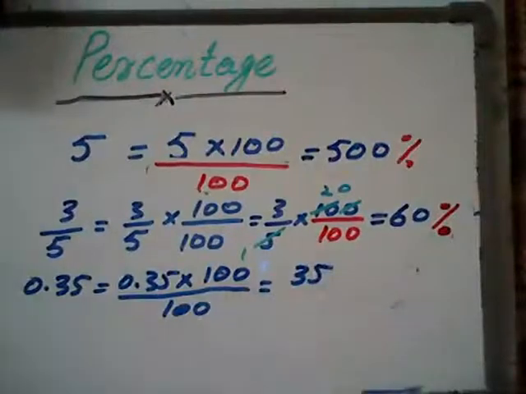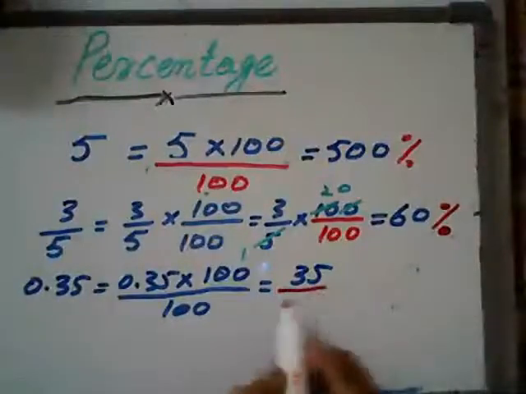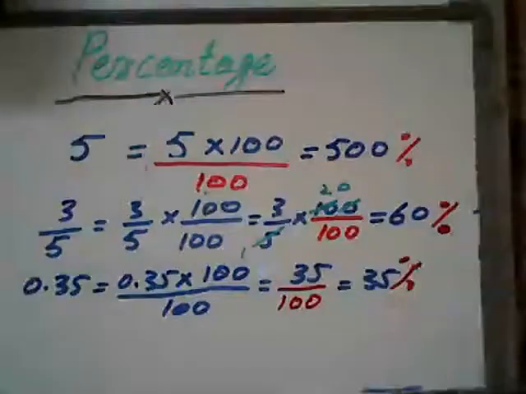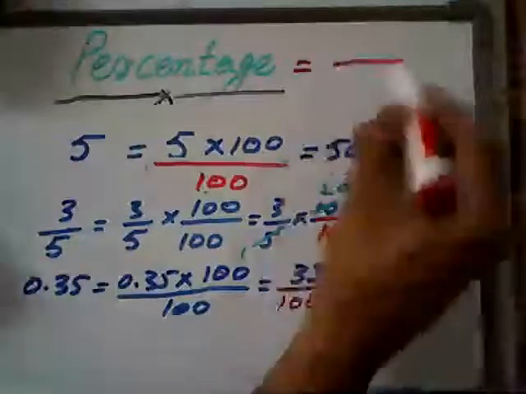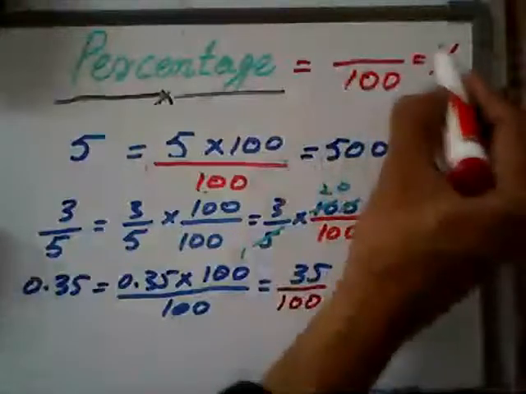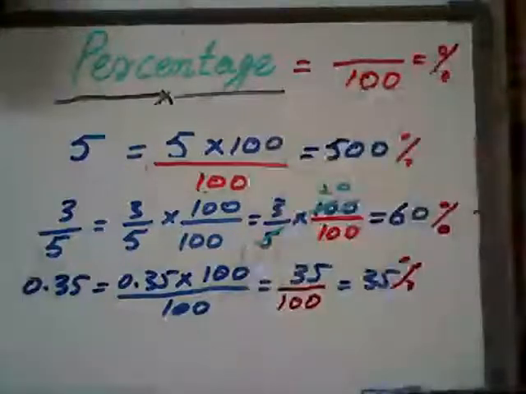How we multiply it, we'll do later on. But this is actually divided by 100, and divided by 100 means percent. So percentage means divided by 100.